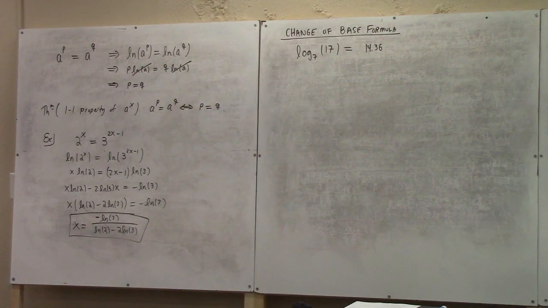The point I'm trying to make, and I may be failing to make it, is that a lot of calculators don't have a log base. Either they don't have it or it's not convenient to calculate log base 7 of 17. There's usually a natural log built into the calculator and log base 10, maybe log base 2 sometimes.